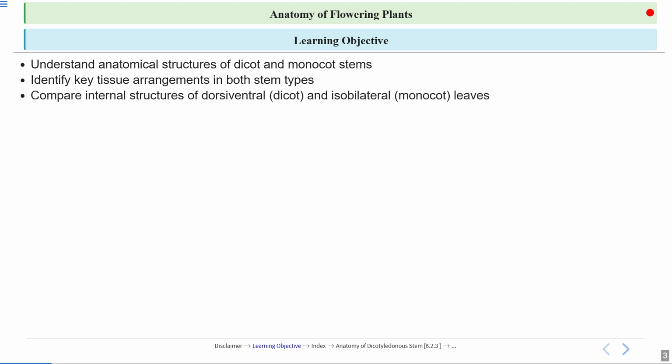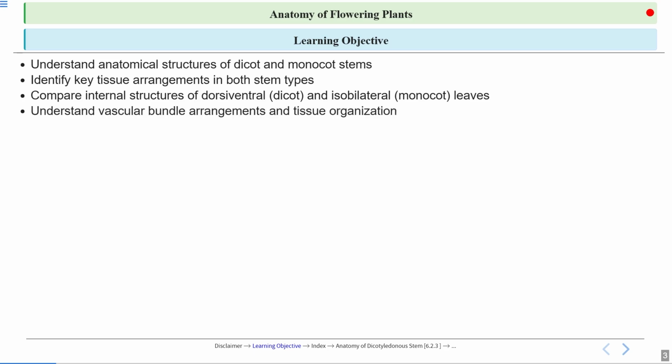Next, to compare the internal structures of the dorsiventral and isobilateral, that is monocot leaves. So dorsiventral is called the leaf of dicot, and isobilateral means the leaf of monocot plant. So we will see the internal structure of both types of leaves, right?